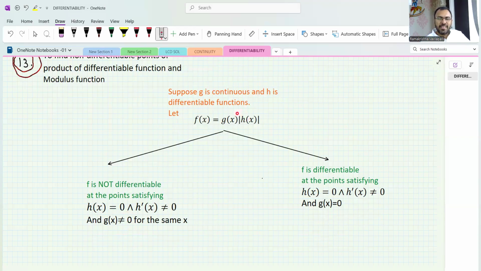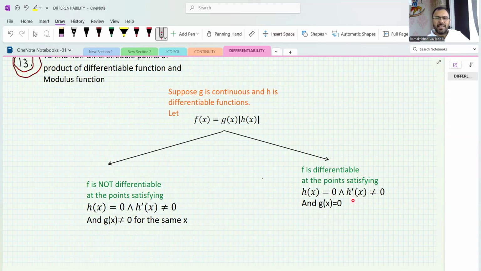For these points, modulus of h of x is non-differentiable, and the function beside it is not equal to 0. Then we will get a non-differentiable function.